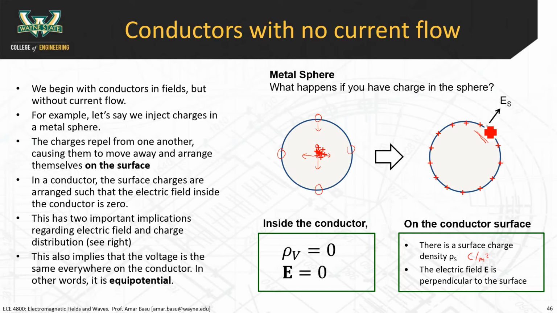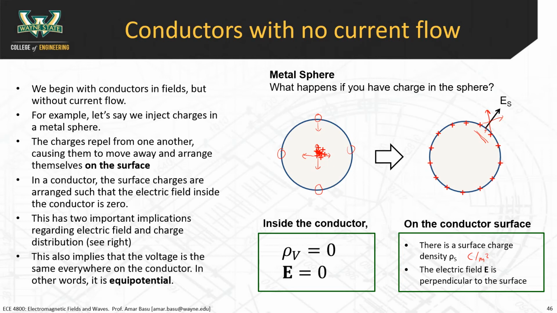This positive charge is going to create an electric field pointing in this direction, and this positive charge is going to create an electric field pointing in this direction. Like we saw before, when you add up these contributions, the tangential components will cancel, but the orthogonal component will remain. So that's the reason why the electric field lines are always orthogonal and perpendicular to a metal surface.